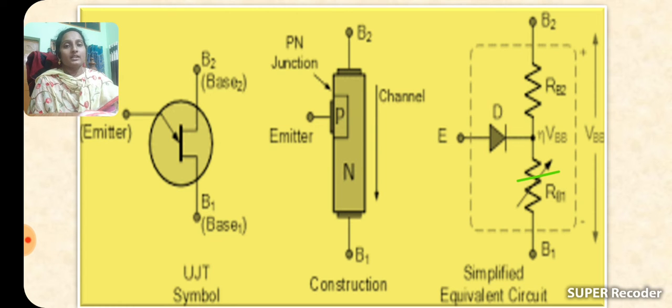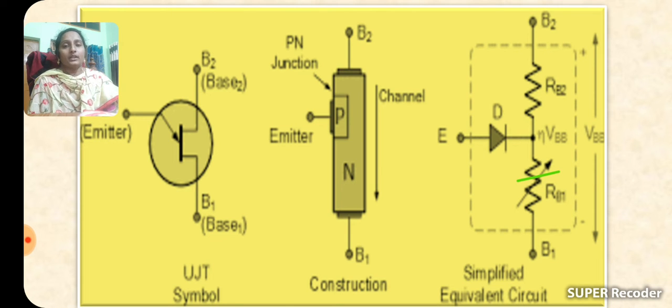Here the base is segregated into two names. The upper side is called base 2, the lower side is called base 1. Finally it is only base, and it has one more terminal, called emitter. Instead of collector, here we are using base 2. Collector is not there, only base and emitter.